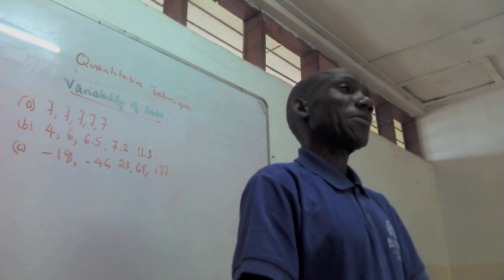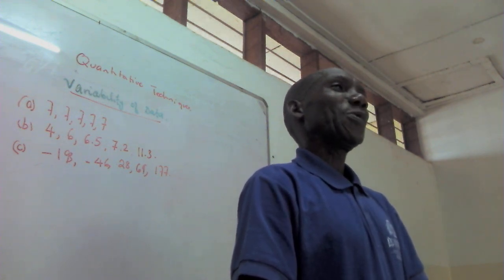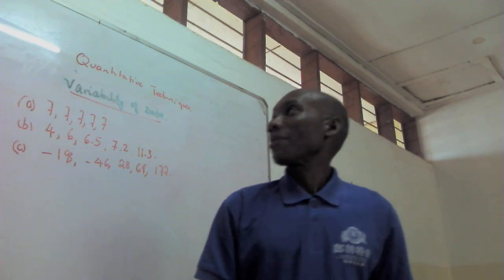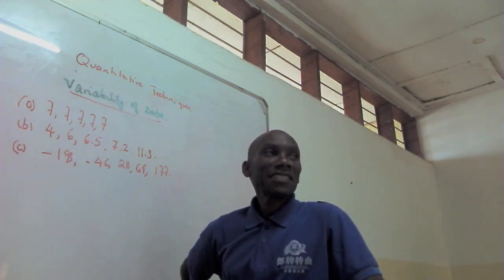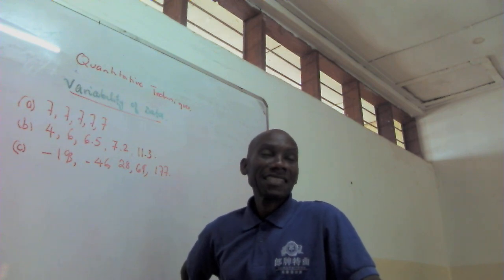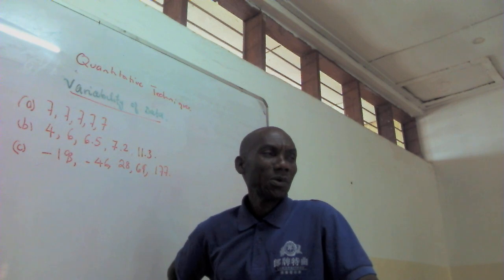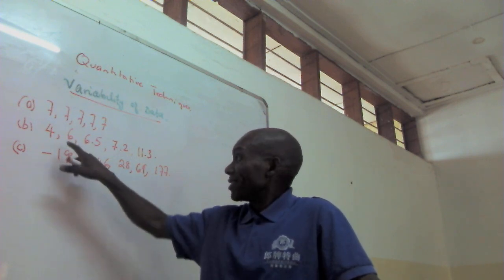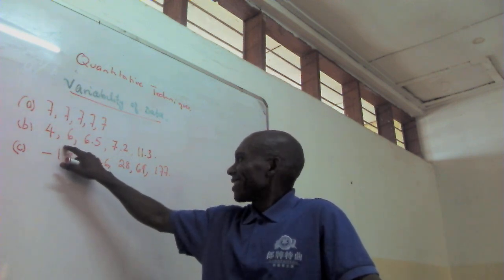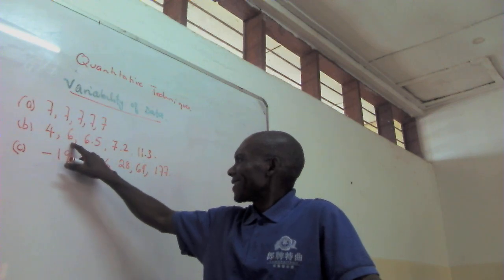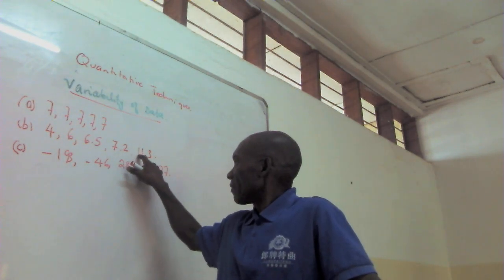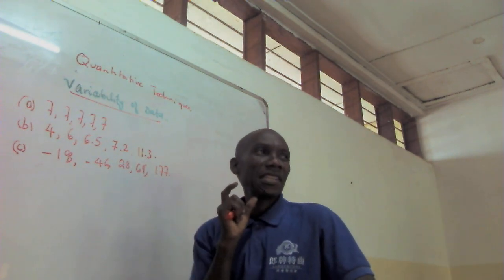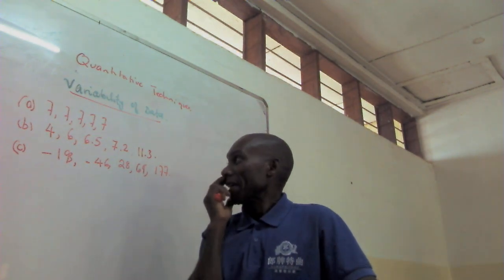If you look at those data, you will notice that data number 1 is just the same. There are five 7s, otherwise it's not making any sense at all. But if you look at this set, 4, 6, 6.5, 7.2, 11, there is at least much spread.